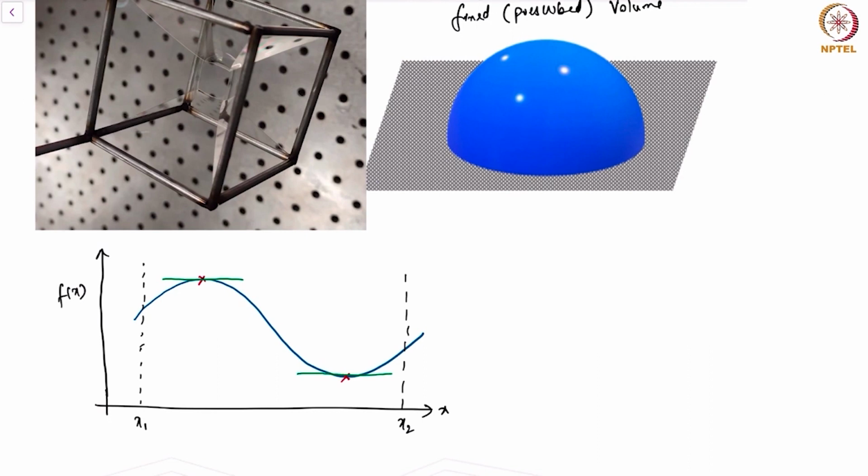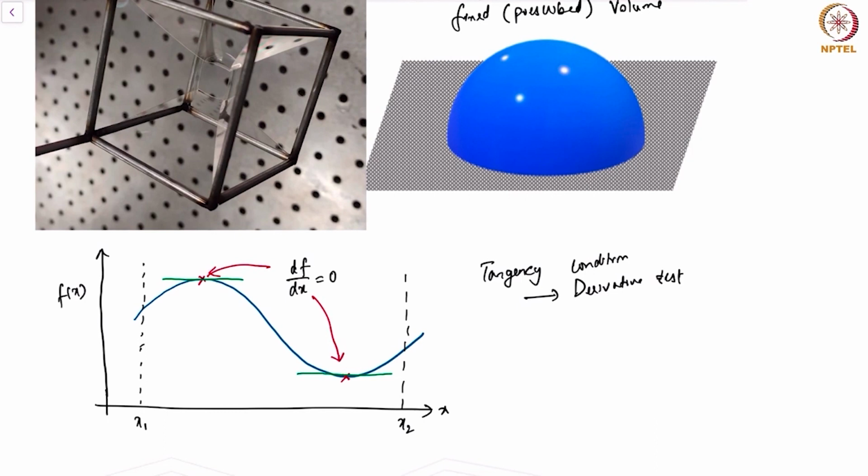Essentially this tangency condition is like a derivative test. Now at these points, the function is a function of a single variable, so I can just say df by dx is 0 at both these points.